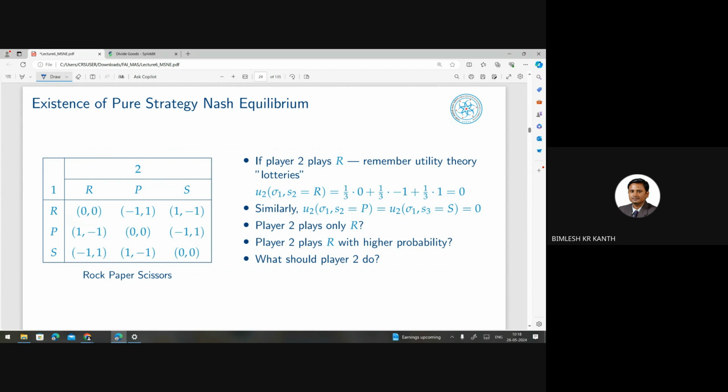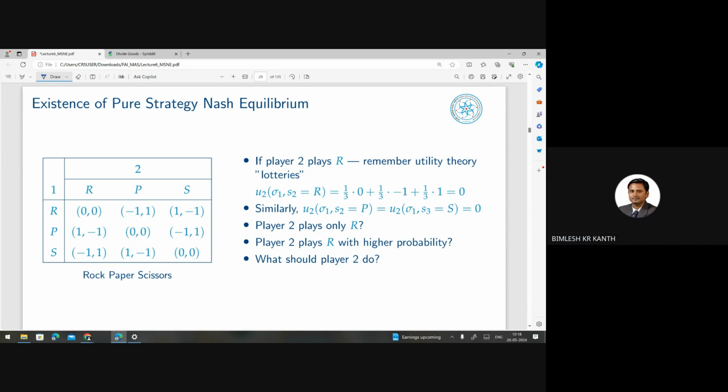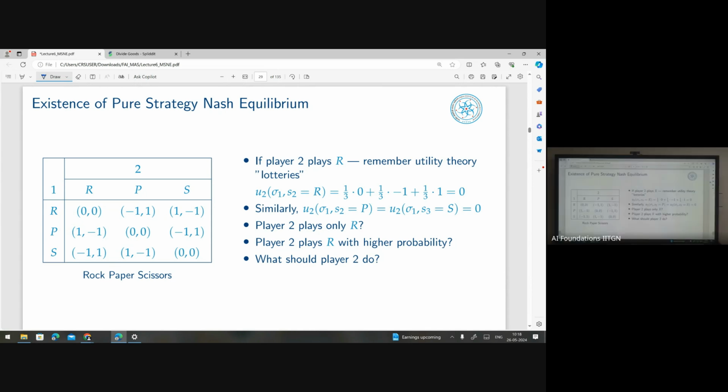Why? Because player 1 may not reciprocate accordingly, and player 2 might be at the losing end. So the idea is that deterministic strategies are not going to help player 2. That's what I wanted to explain. But how do we fix the probabilities? I'll come to that. That's the entire lecture today.